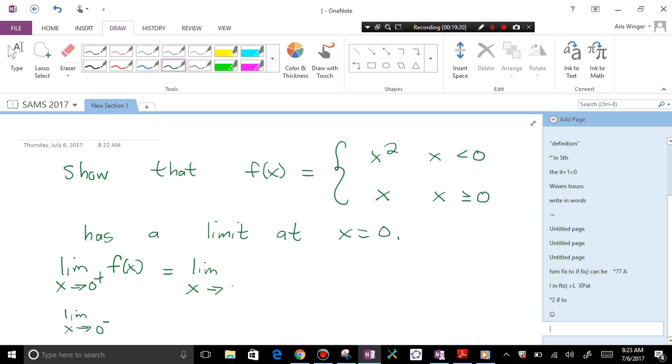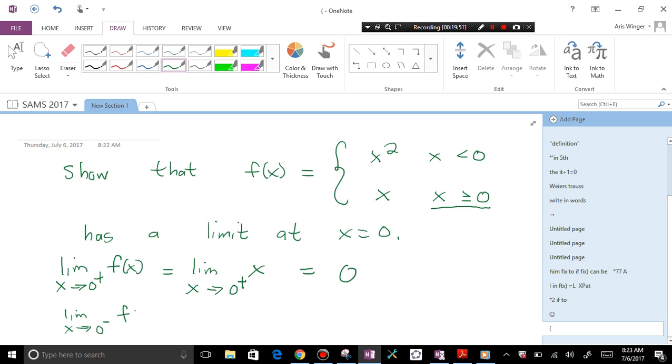The grader is a mathematician and wants to see preciseness. So you'll see me write limit every single time until it's time for me not to use it, until I apply it. The limit as x goes to 0 from the right of f of x is equal to the limit as x goes to 0 from the right of, so from the right we're talking about, it's right here, this branch of x, which is 0.